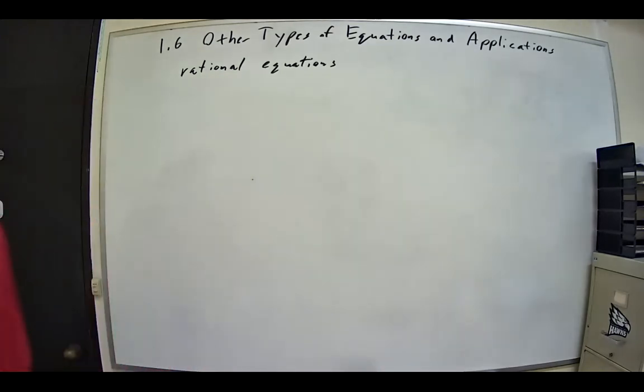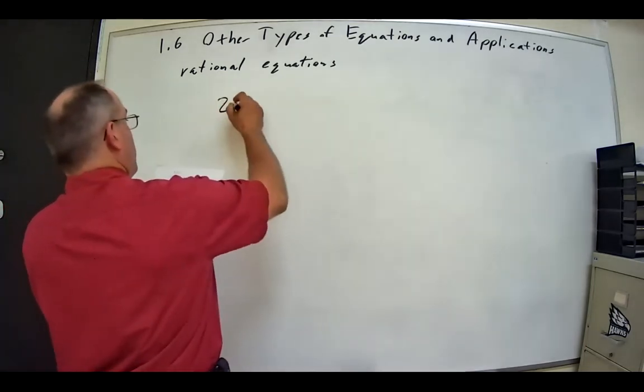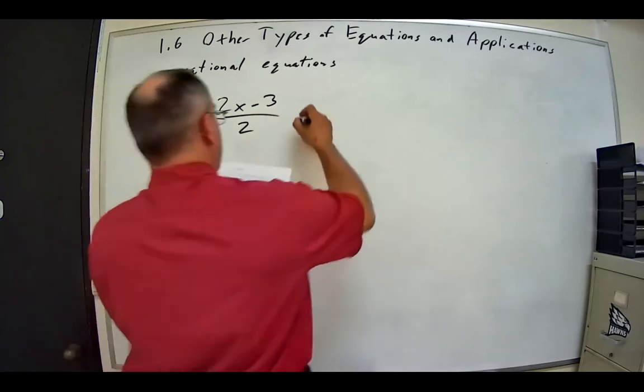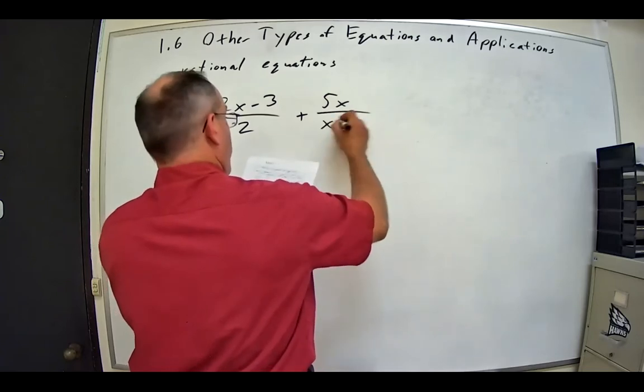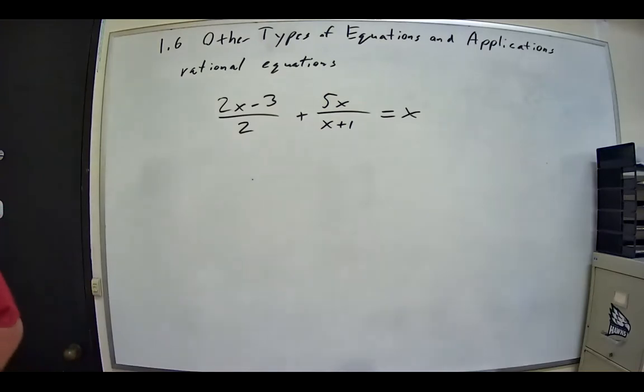So let's take an example here. (2x minus 3) over 2 plus 5x over (x plus 1) is equal to x.